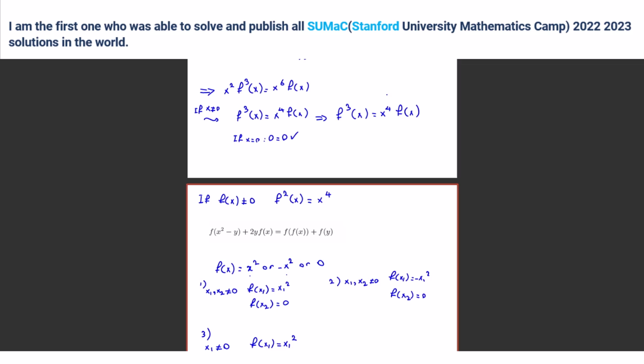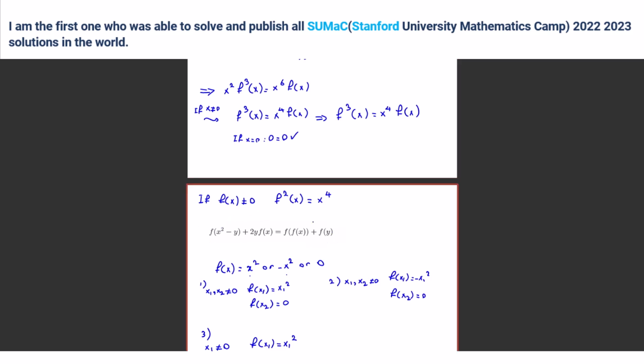We know f of 0 is 0, but maybe, for example, f of 4 is also 0, right? If f of x is equal to 0 for all x. Yes, we want to prove if f of 4 is 0, then f of 5, f of all of them equal 0, okay? And then it satisfies this function, right?